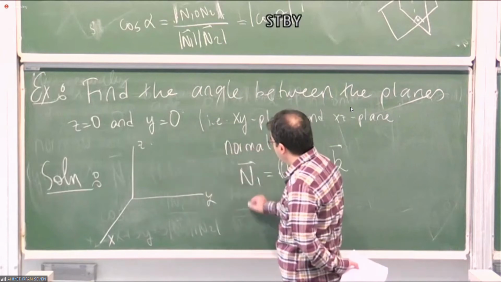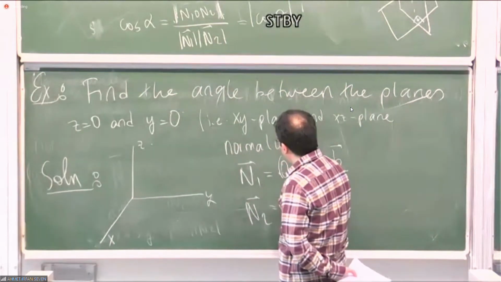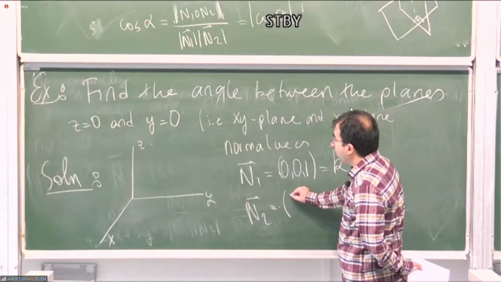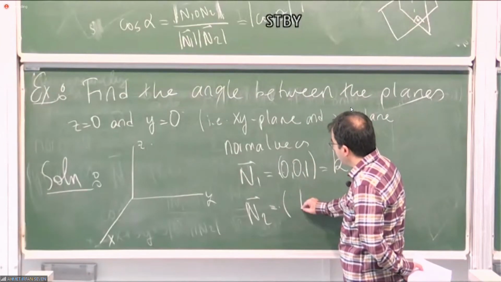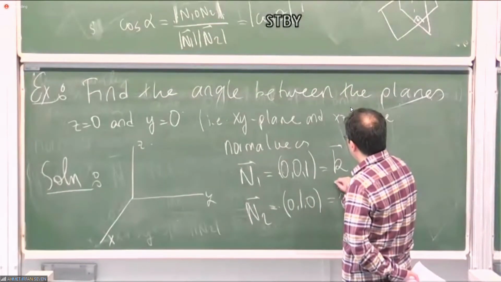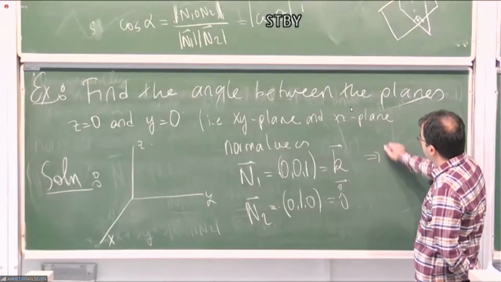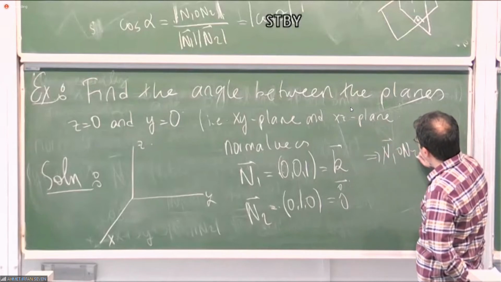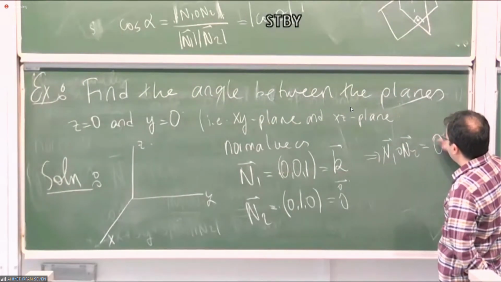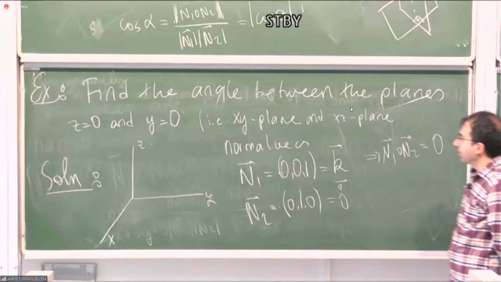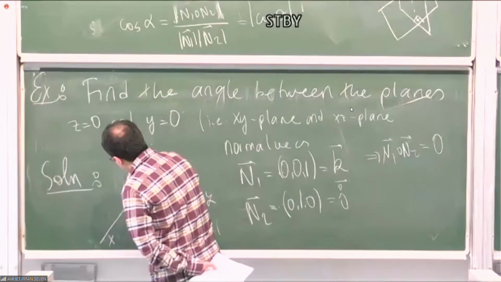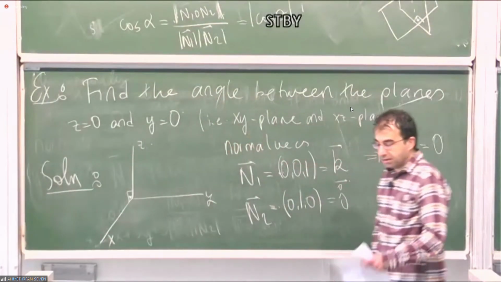What about the next one? The normal vector of the next one: y is 0, so there is 1 in front of y and 0 in front of x and z. This is j. Let's now compute the dot product. N1 dot N2 will be 0, right? So they are perpendicular, the xy plane and the xz plane. This angle is 90 degrees.